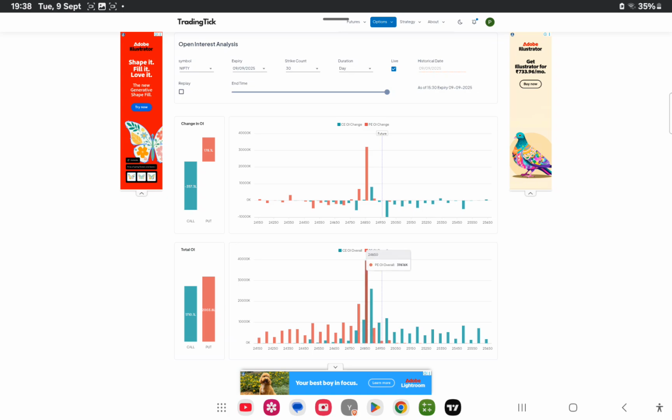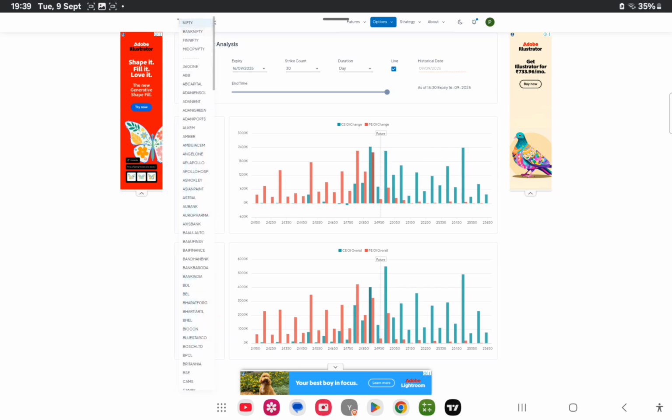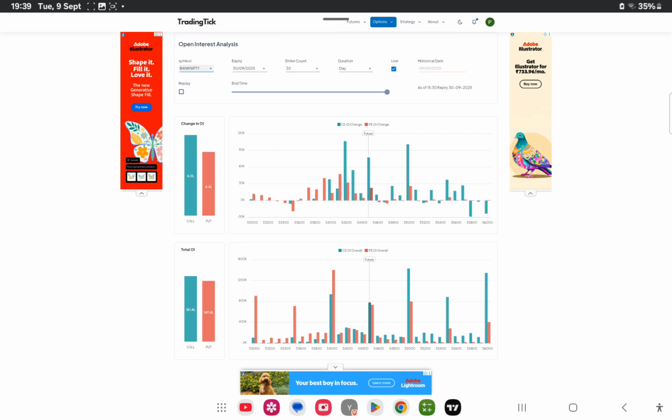So 850 put is hugely built up. We'll check for the next expiry, and you could see the straddle is exactly at 900 on both the ranges. We'll check for Bank Nifty, which has the monthly position, and at every step count of 500 the straddle has been equally built up. So the market now is lingering around 54k and 55k.